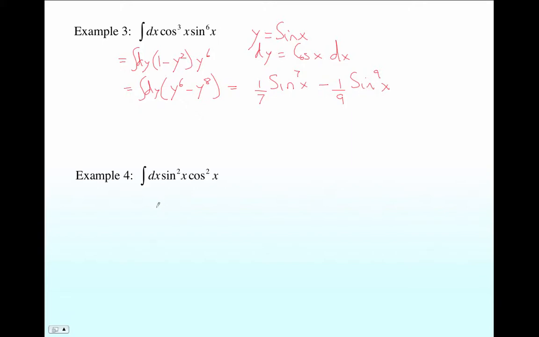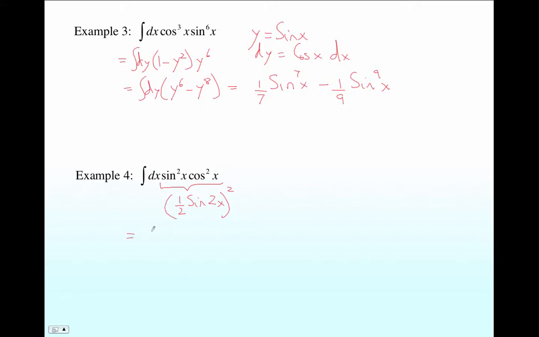This next example can be done in the same way, but it's faster if we notice that sine of x into cosine of x is half sine of 2x. And of course, since everything is squared over here, that is squared over there.